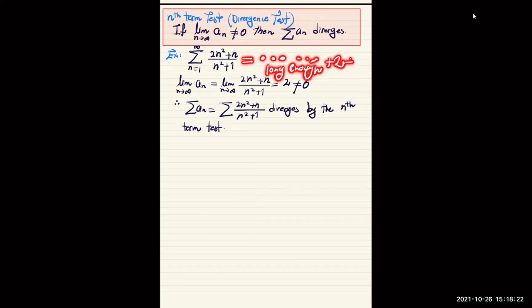So you're adding 2 to itself forever because the limit is 2. A bunch of 2's added forever, that is infinity. So you have a divergent series, which should be common sense. That's what the nth term test says.